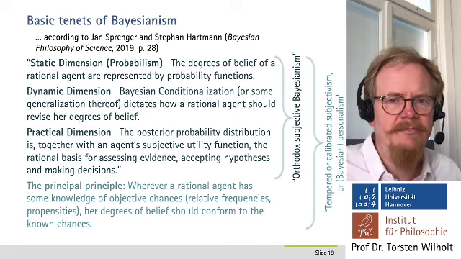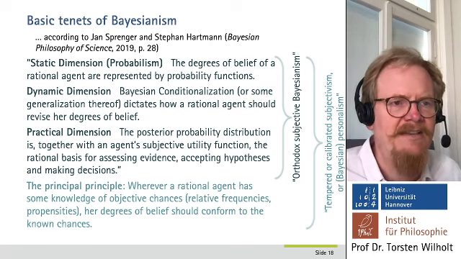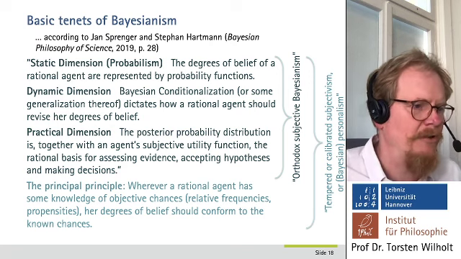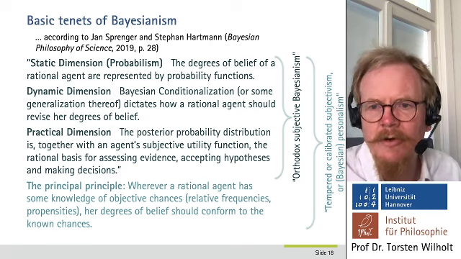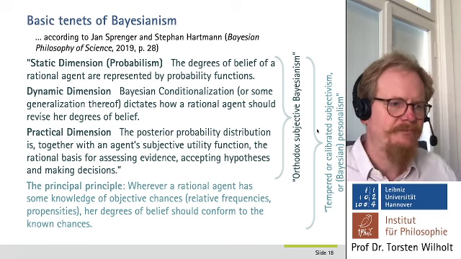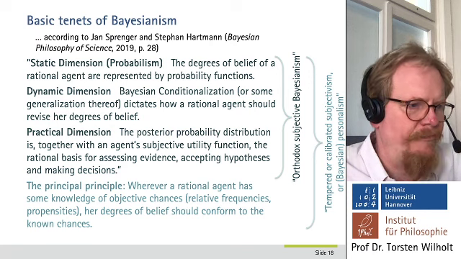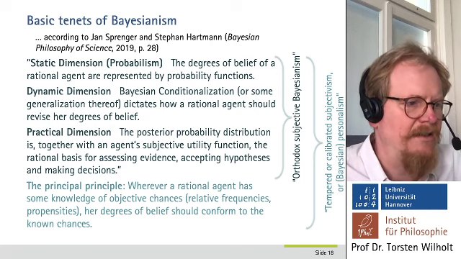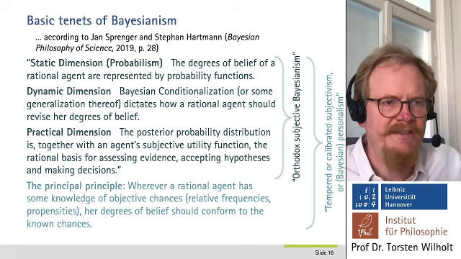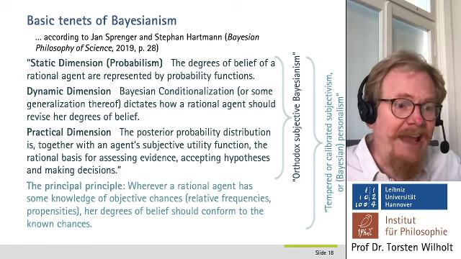But this view that is fairly standard, and that Sprenger and Hartmann call tempered or calibrated subjectivism or Bayesian personalism, would say that you ought to take objective chances into account wherever you can.